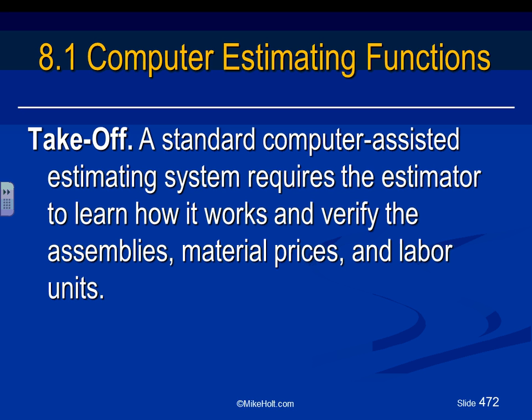You have to verify all these before you estimate, or learn how to verify the assemblies, material prices, and labor units. When we start using McCormick, the hardest thing is which piece of equipment, assembly, or item should I use where, and how can I find it? That's probably the hardest thing in estimating software. The math and everything else is behind the scene.